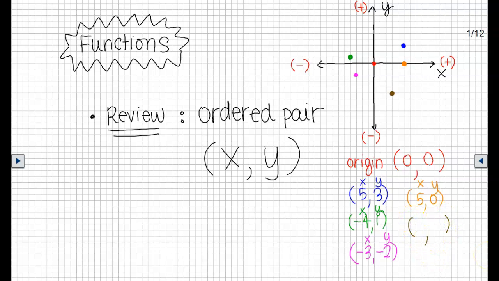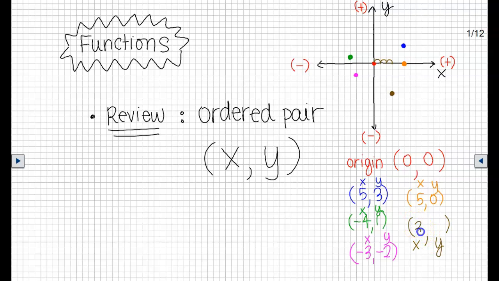I should also be able to take that point and figure out what its ordered pair would be. What I have to keep in mind is this first number needs to tell me the x coordinate, and this second number needs to tell me the y coordinate. So starting here from 0, first I would figure out how I move on the x-axis. I'm going to the right 1, 2, 3 spaces.